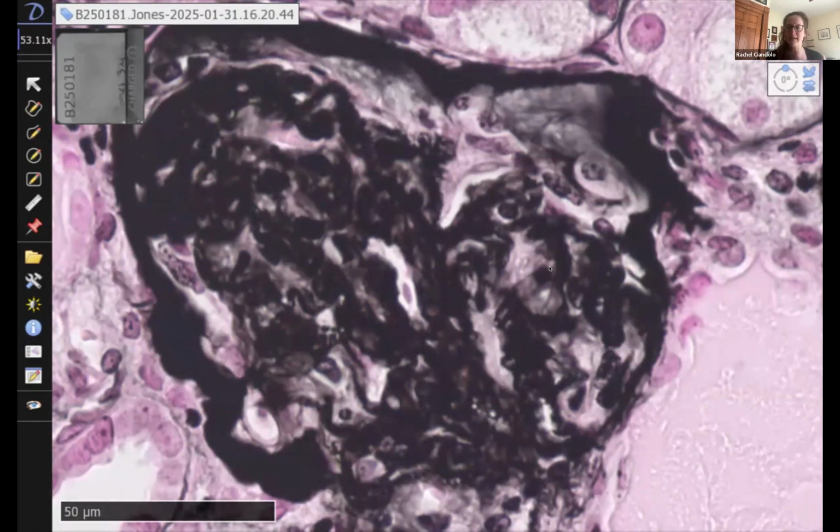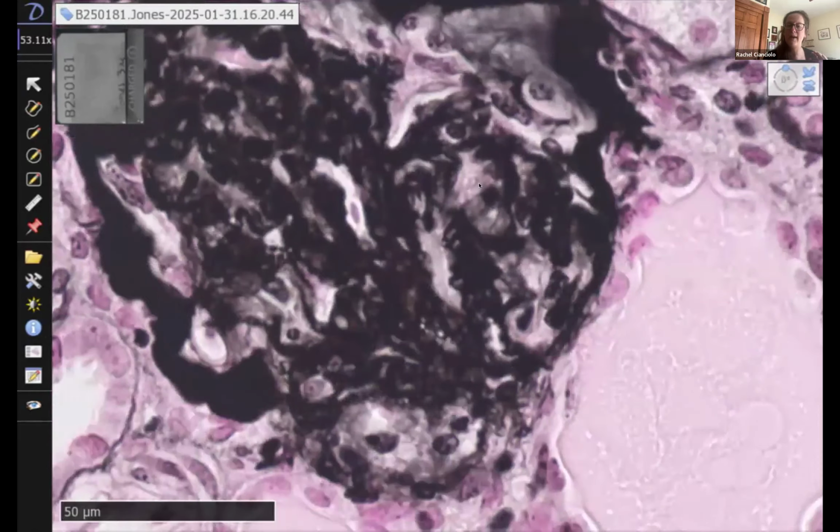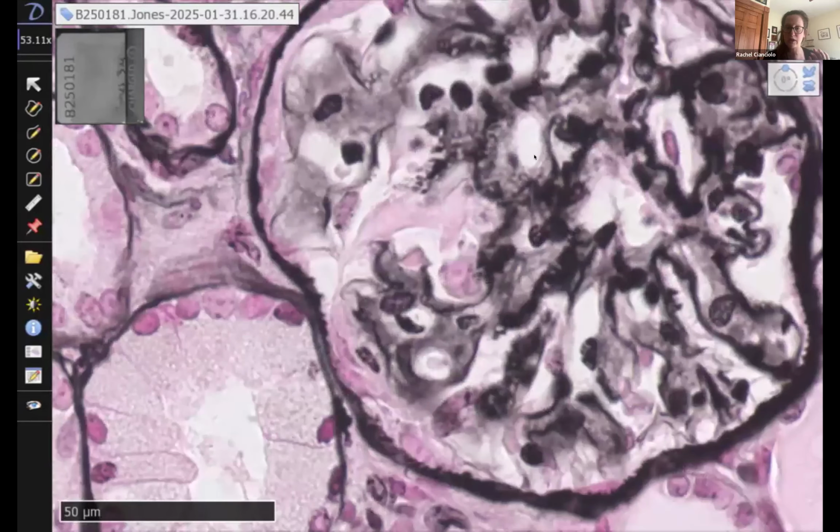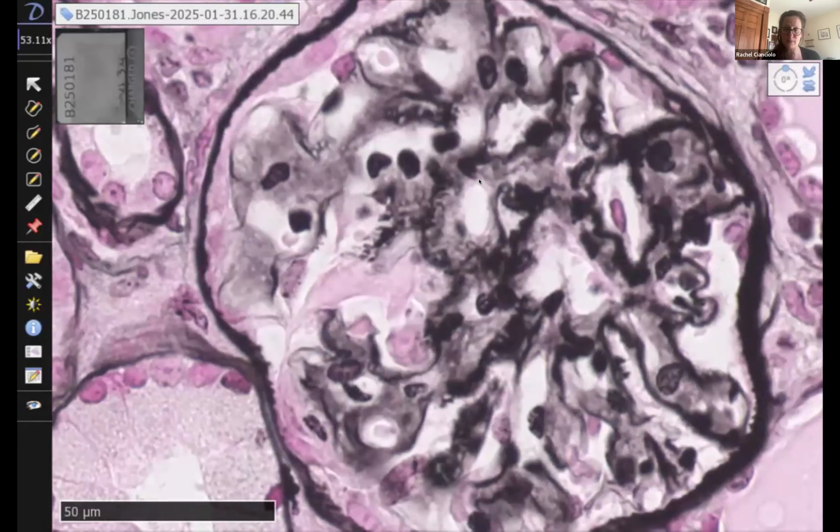If we had biopsied this cat a year later, this would probably be just a small little nubbin of collagen. So sclerosis will be all black, whereas extra material in the mesangium, and it could be other fibrils as well, doesn't have to just be amyloid, will be this pale gray scenario. Any questions on that?